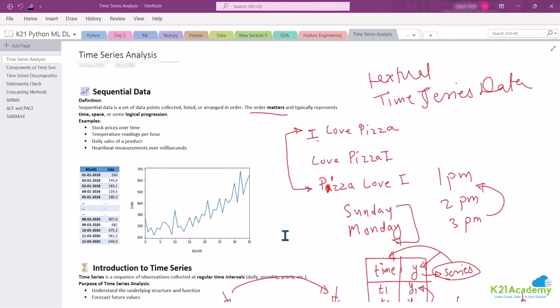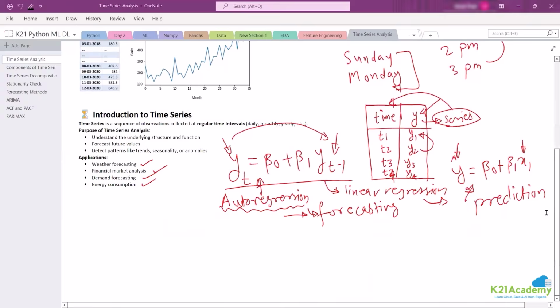If you want to observe data over time, we have time series analysis. Time series analysis follows auto regression, which is similar to linear regression. In auto regression, the future value of the target depends upon its own past values.